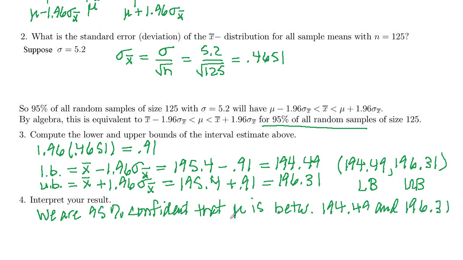And that's the population mean weight. So we're 95% confident that the population weight of all American men is between 194.49 and 196.31. So we got an interval of values, and then we've got reliability attached to it. That's a confidence interval.